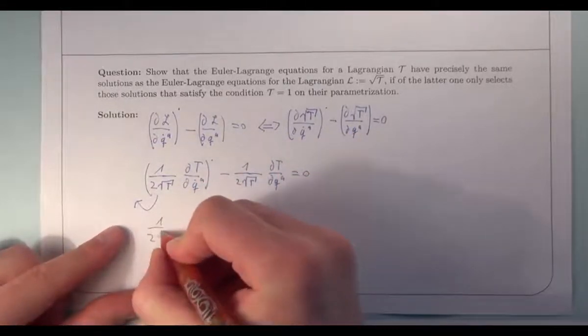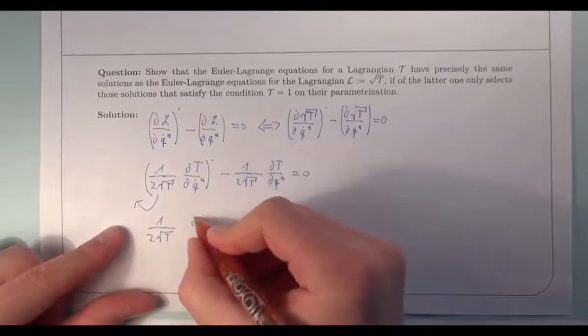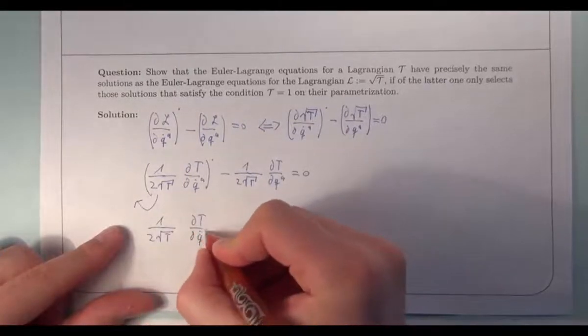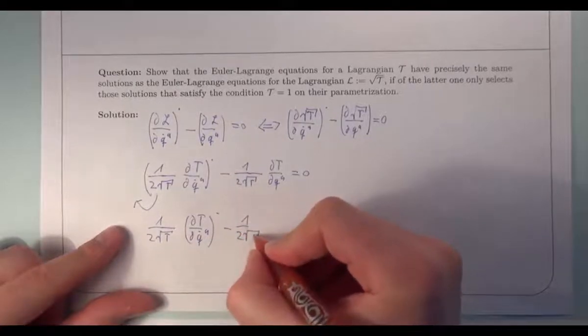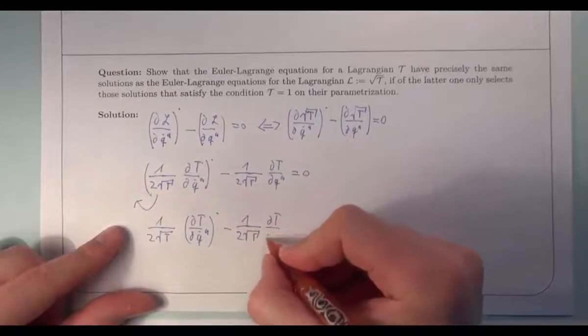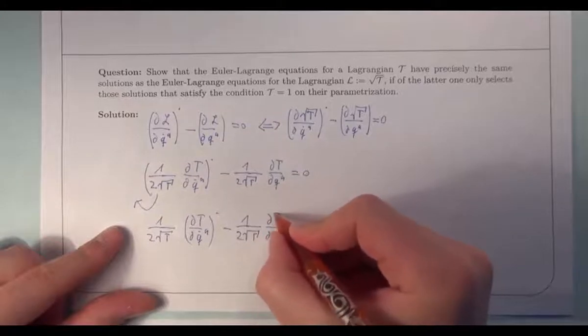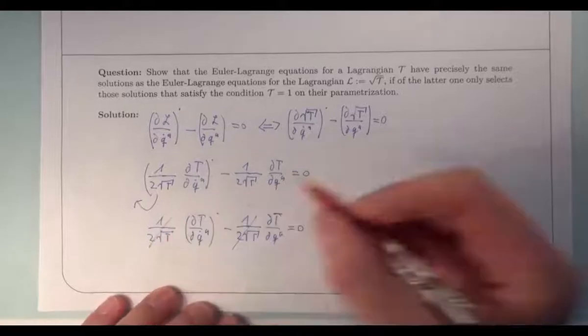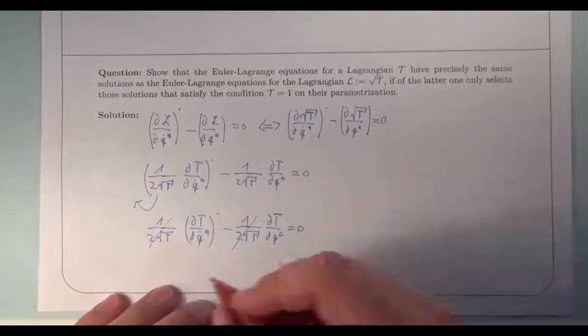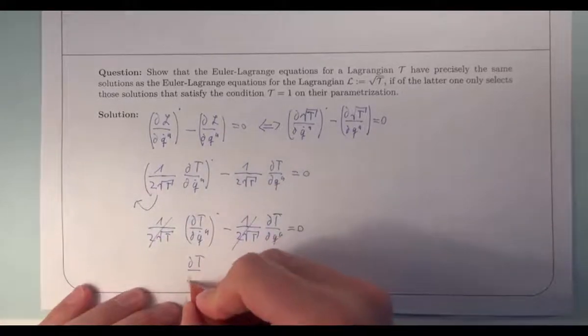It's 1 over 2 square root of T, dT after dq dot a, minus 1 over 2 square root of T, dT after dq a, equals 0. Just cancel these two factors, and what is written there is again the Euler-Lagrange equations for T.